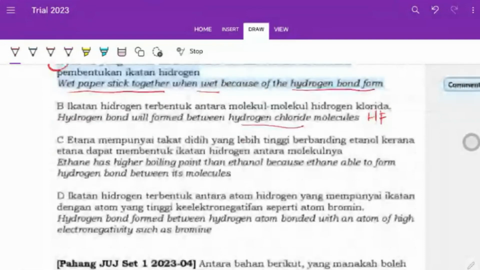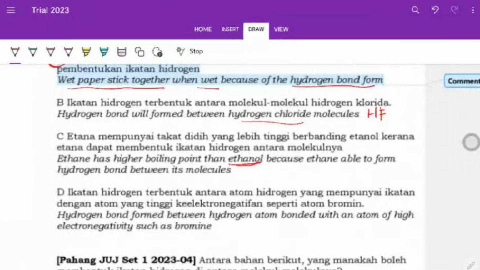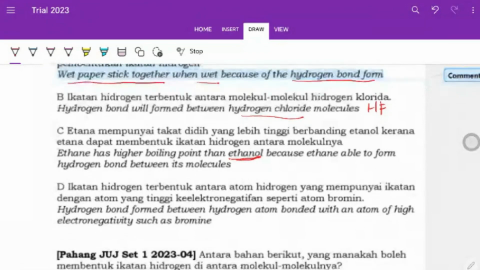Ethane has higher boiling point than ethanol because ethane is able to form hydrogen bonds. Actually, it's reverse. Ethanol will form hydrogen bond. And then the hydrogen bond forms between the hydrogen atom bonded with an atom of higher electronegativity, such as bromine.